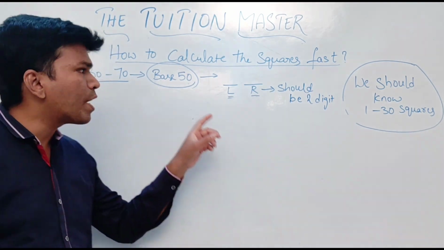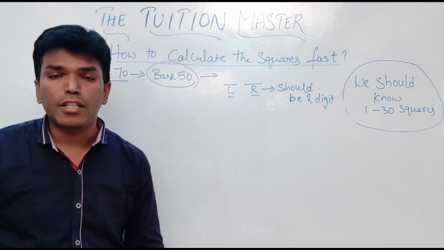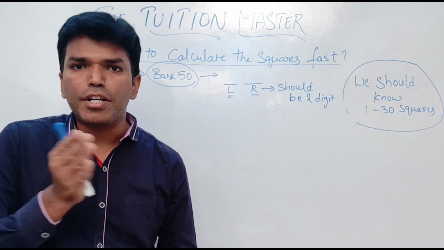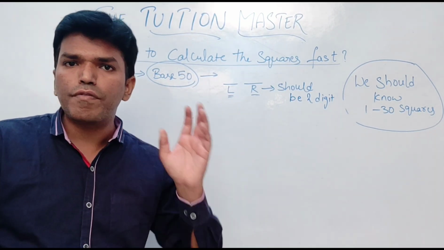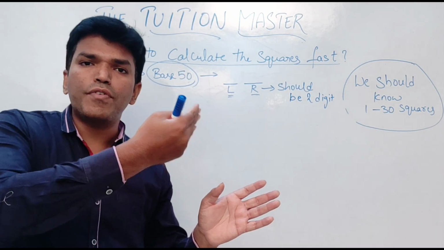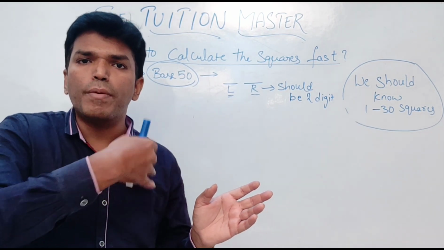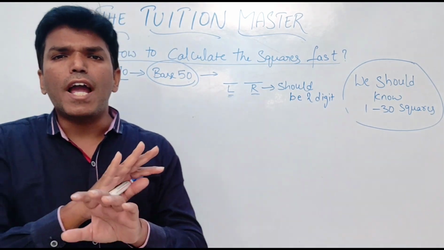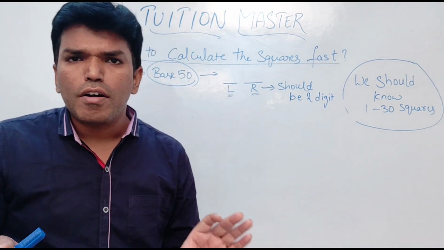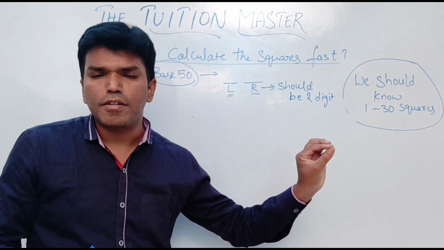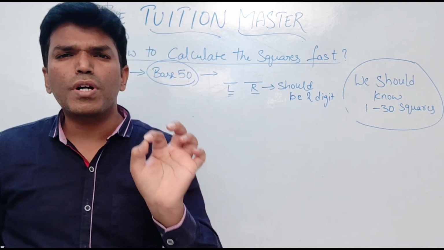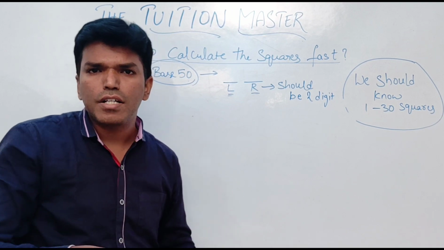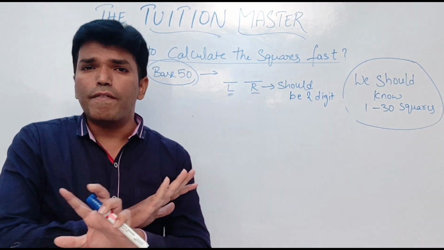So that's why we are going to take the base as 50 here. Whatever numbers we calculate the squares of between 30 and 70, we have to check with 50, whether it is more than 50 or less than 50. If it is more, how much more? If it is less, how much less? The entire procedure is the same for the right side part of the answer. But for the left side part, we are going to do a small change. We are going to add one small step. Apart from that, everything is the same, my dear friends.